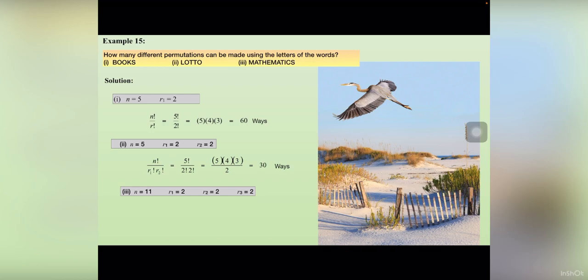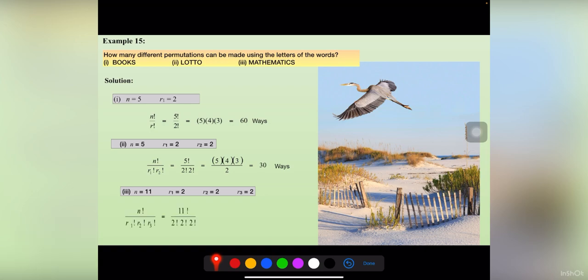For mathematics, the number of objects involved is 11. And we have repeating objects. For M we have twice, so R1 equals 2. And A also happened twice, so R2 equals 2. And the other one is T, also 2 times, so R3 equals 2.